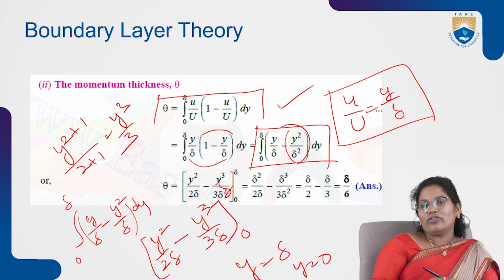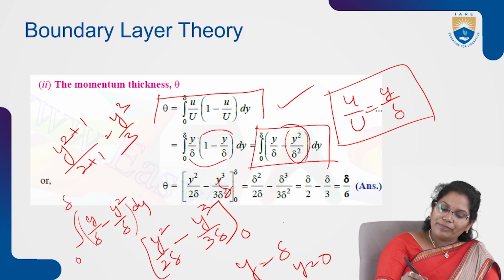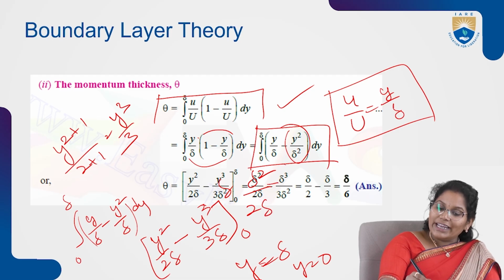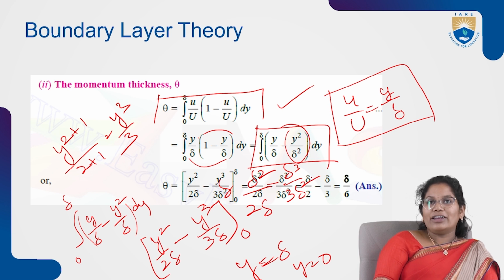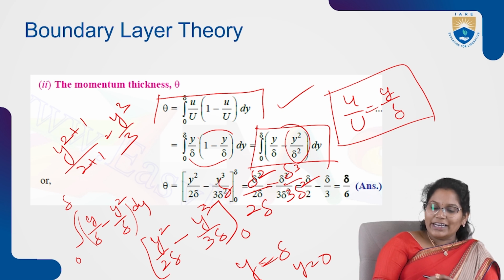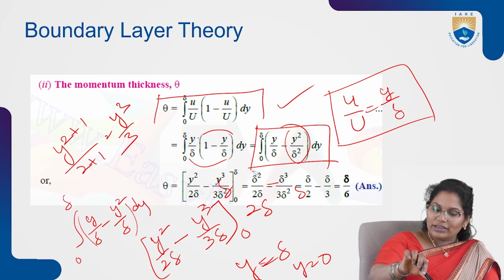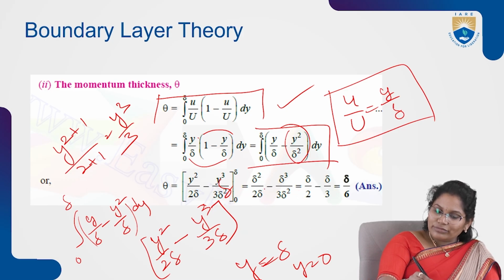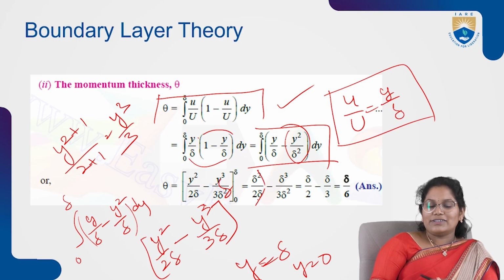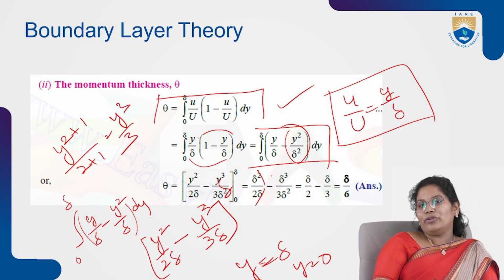First we have to take the two limits, delta and also 0. When we substitute y as delta, it becomes delta square by 2 delta minus delta cube by 3 delta square. Clear? After this, I cancel the delta from denominator and numerator.